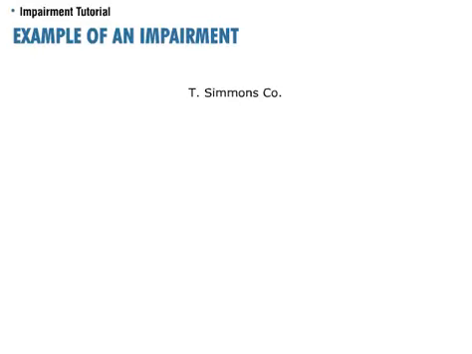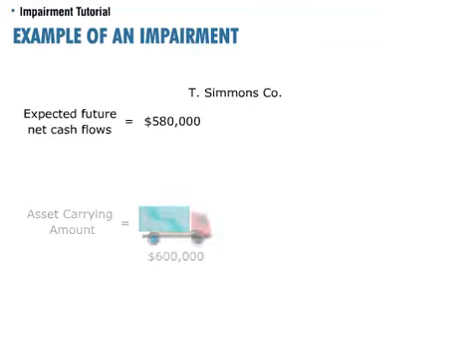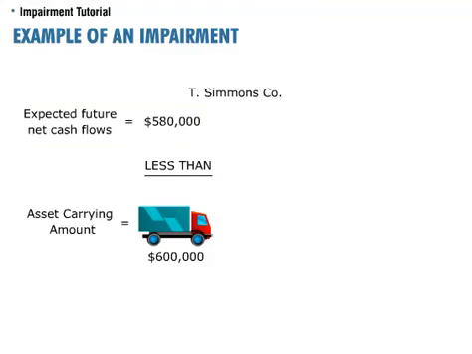Let's assume the same facts as the previous example, except that the expected future net cash flows are $580,000 instead of the previous $650,000. Recall that the asset's carrying amount was $600,000. The recoverability test indicates that the expected future net cash flows of $580,000 from the use of the asset are less than its carrying amount of $600,000.